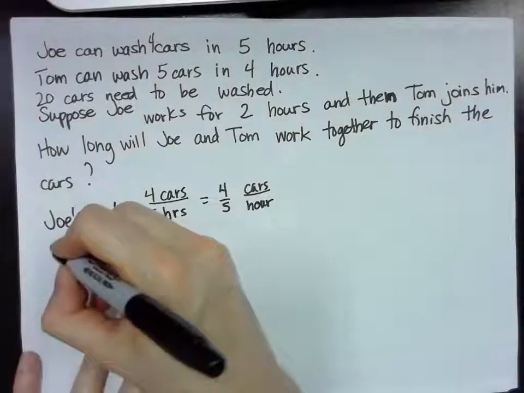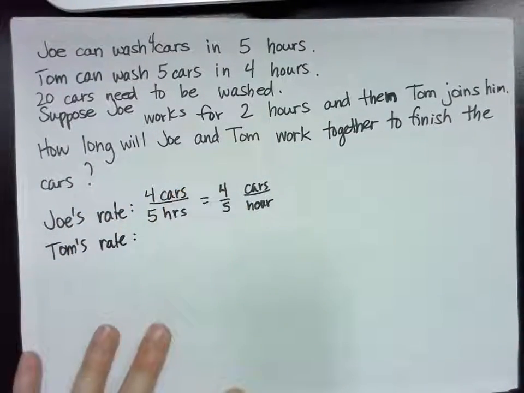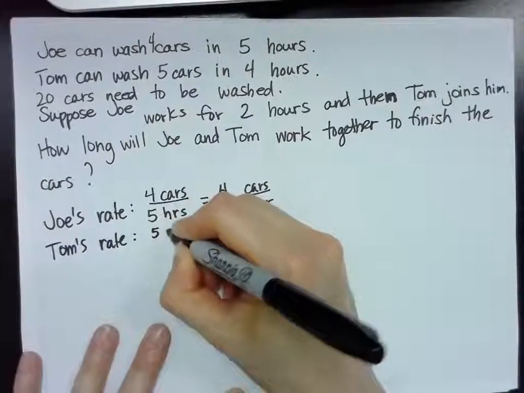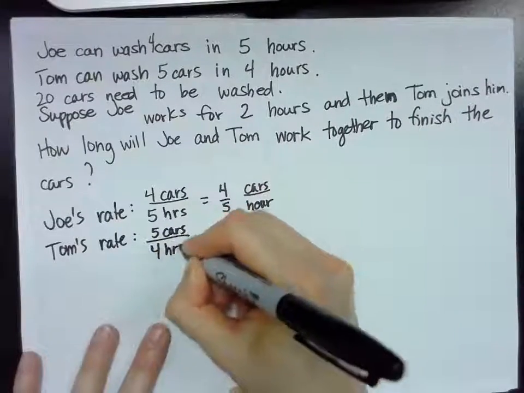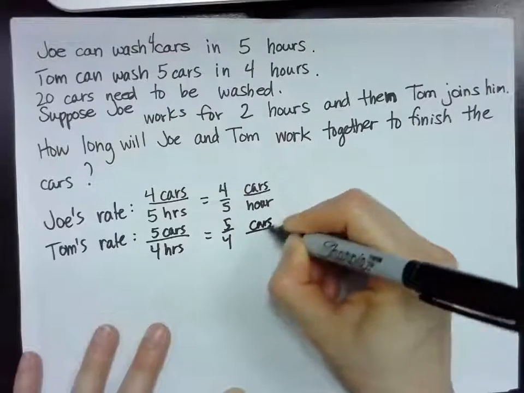Tom also has a rate. So Tom's rate is 5 cars per 4 hours, or 5/4 cars per hour.